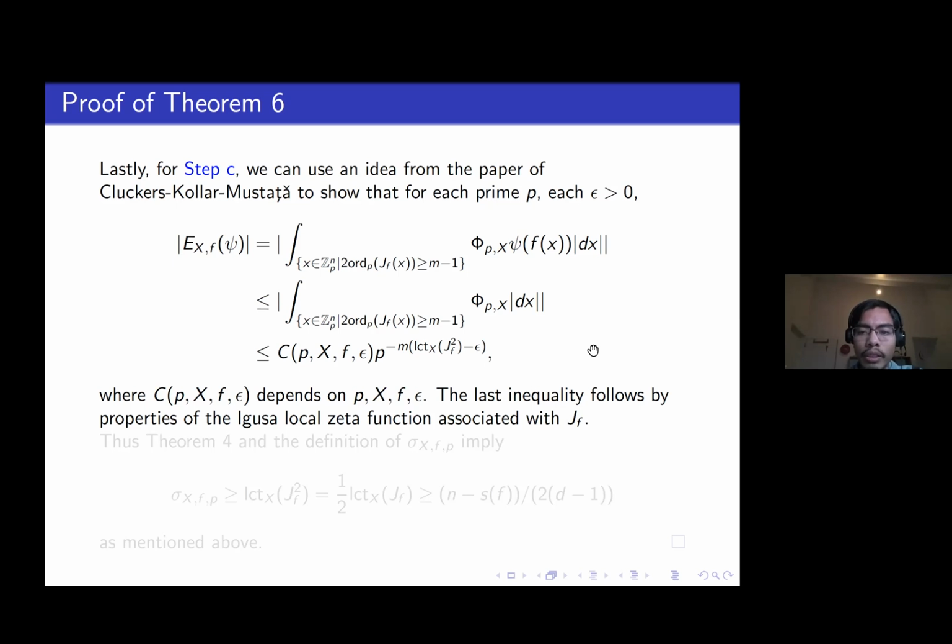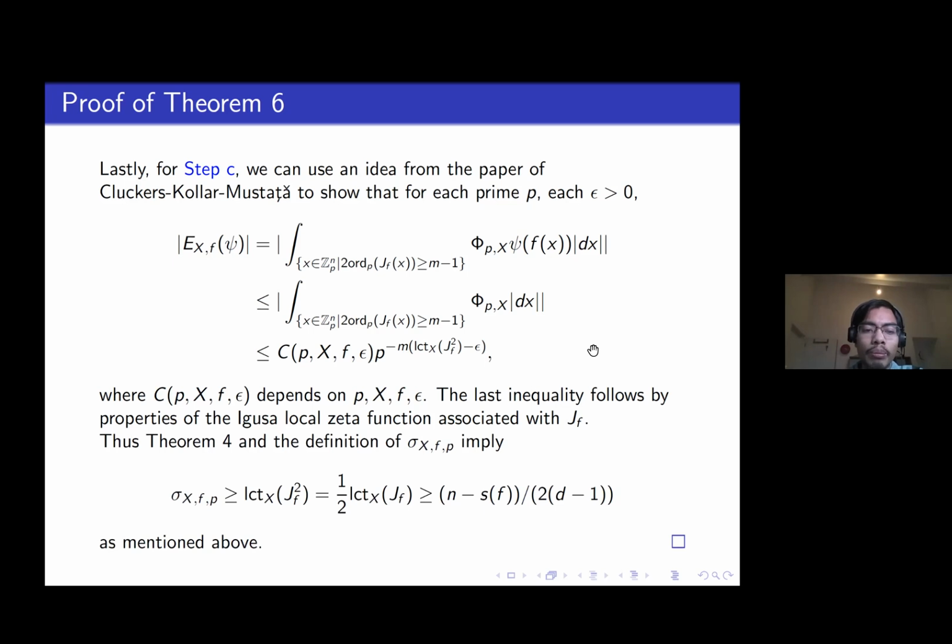The last inequality follows from the property of the local zeta function associated with Jf. So Theorem 4 and the definition of sigma imply that sigma is at least n minus n_f over 2d minus 1, and so we can finish step C, and we finish the proof of Theorem 6.